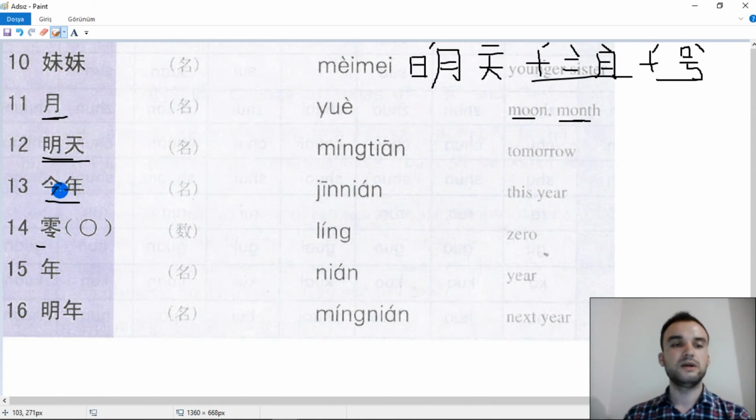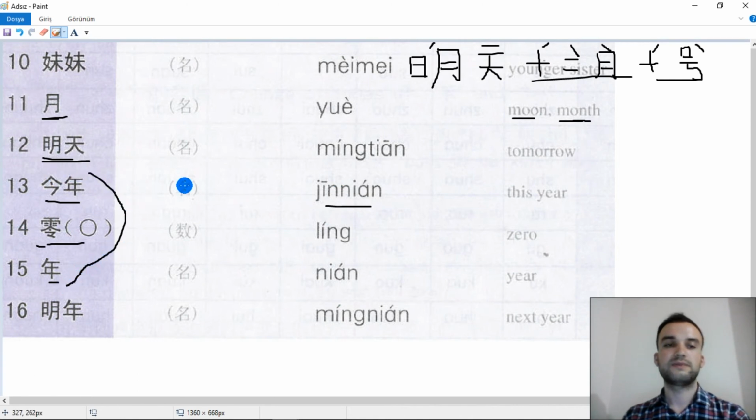And here 今年, we have this year, and we can use ling 0 and nian. We can say a year with these three words. Okay, let's do that.